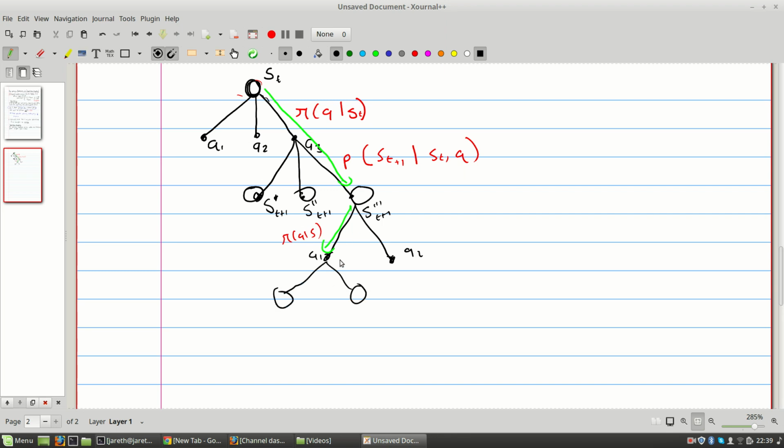And let's say we end up in this state, and this is associated with another probability. Right now I'm just writing this in those terms. This is the probability of S prime given you're in S and you take action A. So we have all these probabilities that are dependent on which trajectory we took.